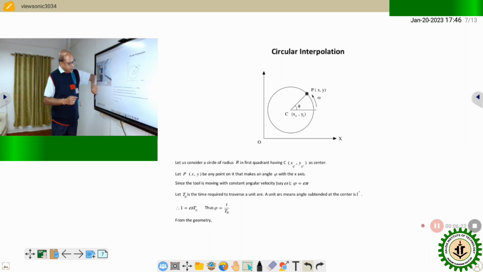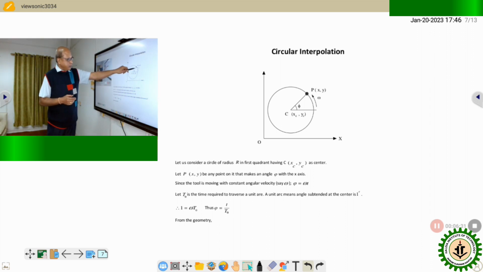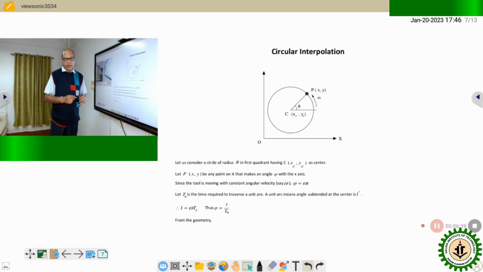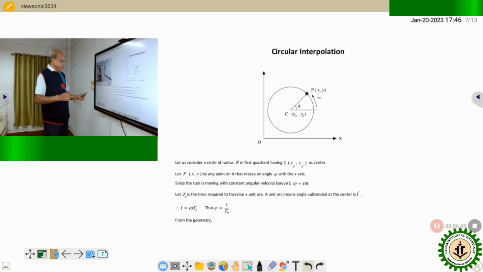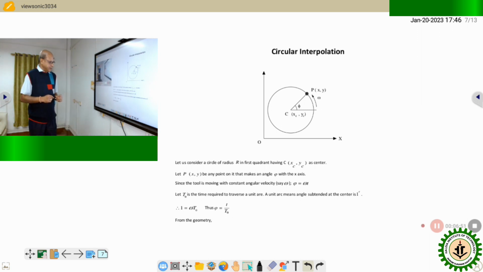When the tool is moving in space, it is assumed that it must have a definite velocity. So we have considered that the tool is moving with a constant angular velocity, that is omega. P is any intermediate point having dynamic coordinates x and y. Now this P at any instant makes an angle phi with the x-axis.